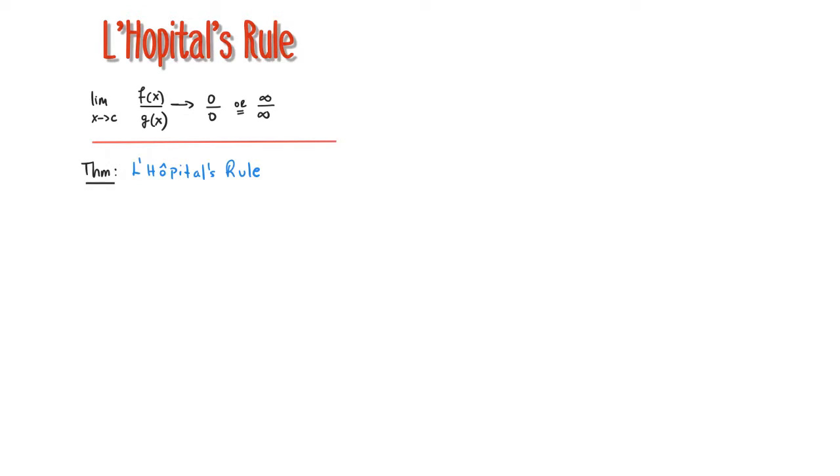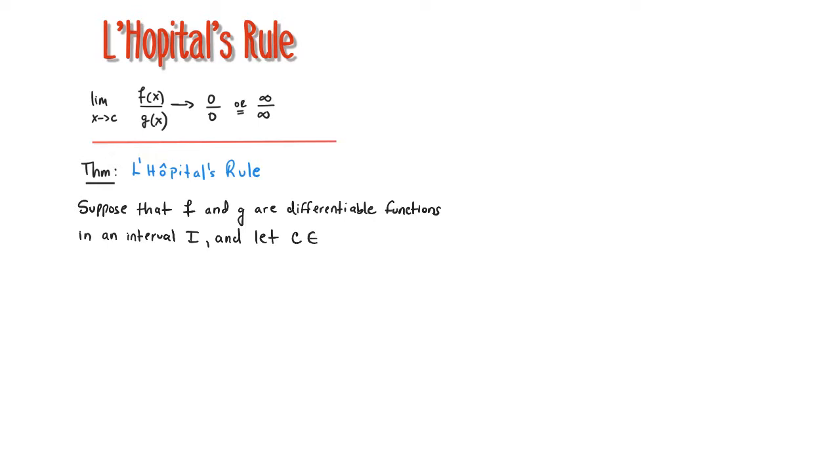This will be our first theorem. Suppose that f and g are differentiable functions in an interval I. And let c be a number in that interval I, so c is any number in I. Suppose that g prime of x is not equal to 0 in I, except possibly at c.